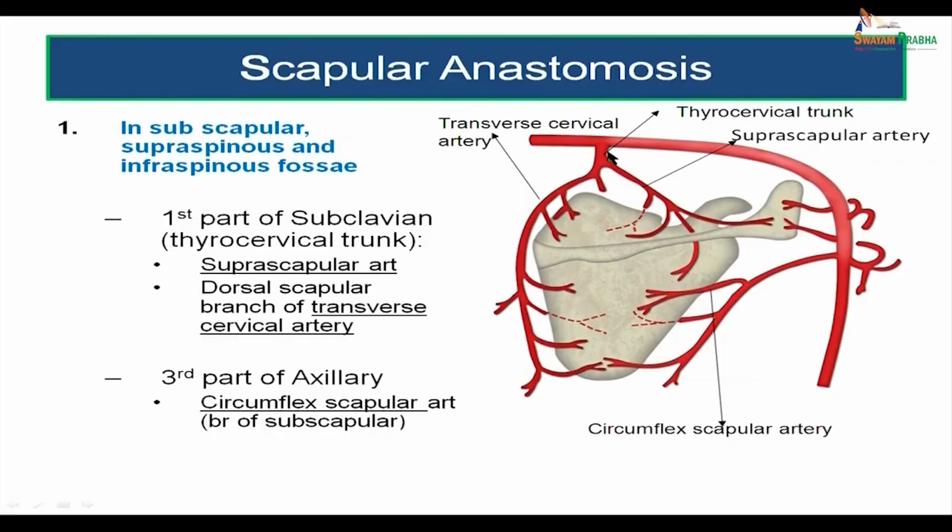From the first part of the subclavian artery through the thyrocervical trunk, we have the branch called suprascapular artery and a branch called the transverse cervical artery, which gives the dorsal scapular branch. They anastomose in the area which is the supraspinous fossa, with a branch coming from the third part of axillary artery, the circumflex scapular artery, which is the branch, as we have already studied, of subscapular artery.